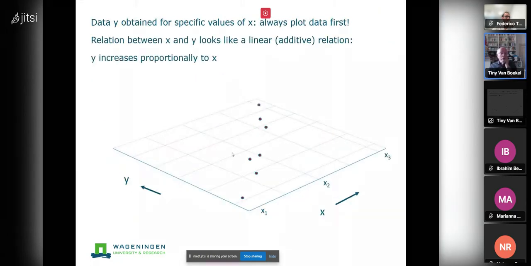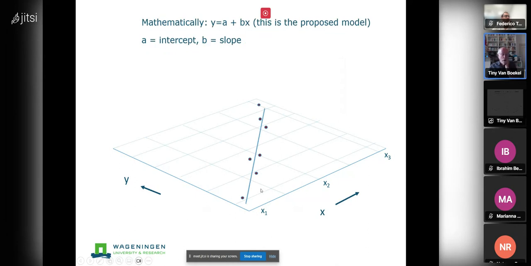So if we now for the moment assume that this increase of y with x is linear, we can draw a line which we can represent mathematically by the equation for a straight line, a plus bx, in which we call a the intercept and b the slope.